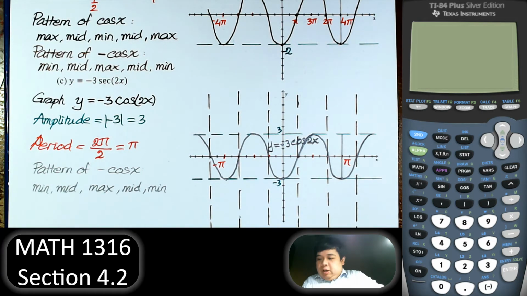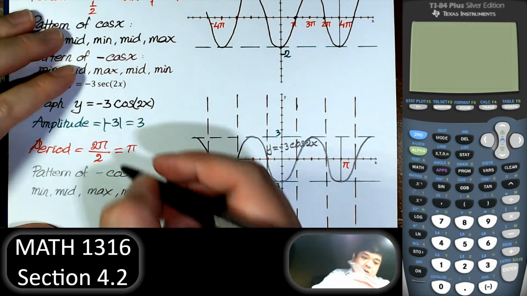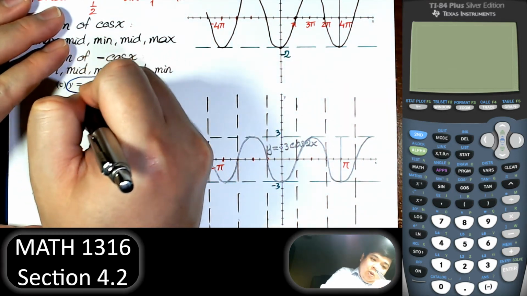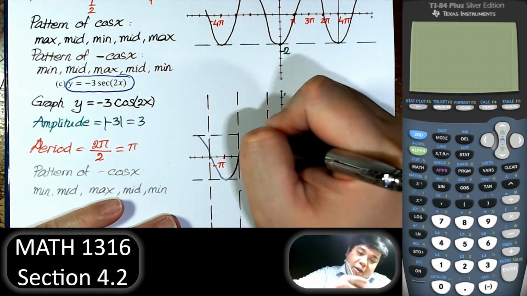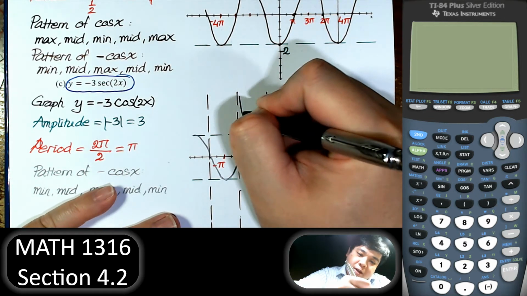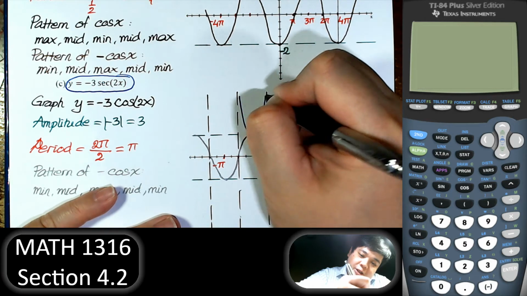Okay. So now the graph of y equals negative 3 secant of 2x will be bouncing off the maximum and minimum and approaching the asymptotes.